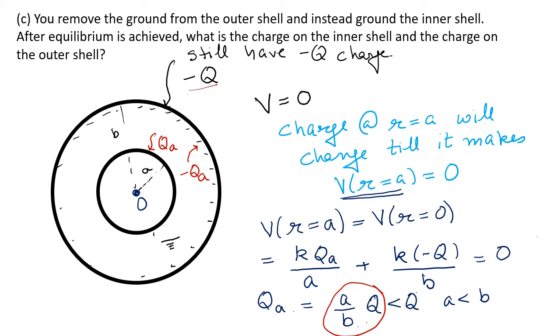Of this total charge, a minus Q which was present on the outer conductor, only minus QA is going to be attracted to this plus QA.